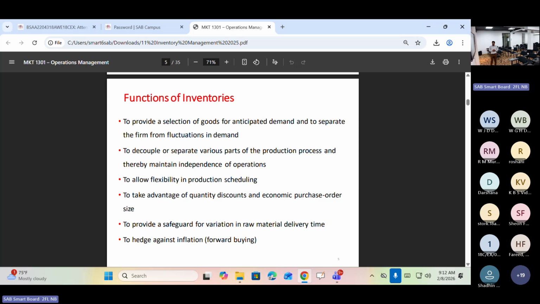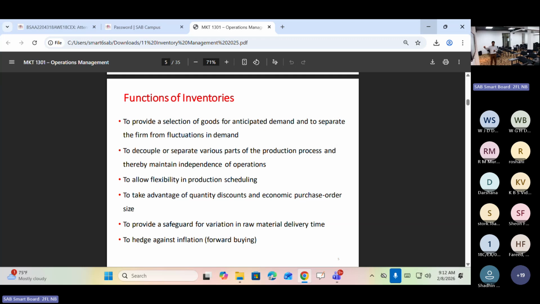And then the third point here, that is specifically applicable for raw materials inventories. The role or the function of raw material inventories, that is to allow flexibility in production scheduling. Production scheduling means, according to the production plans, how we are going to manufacture the orders.